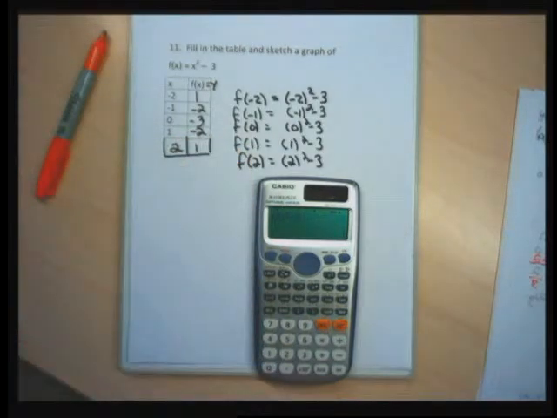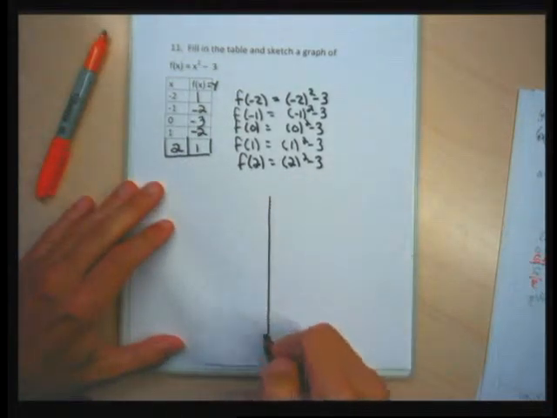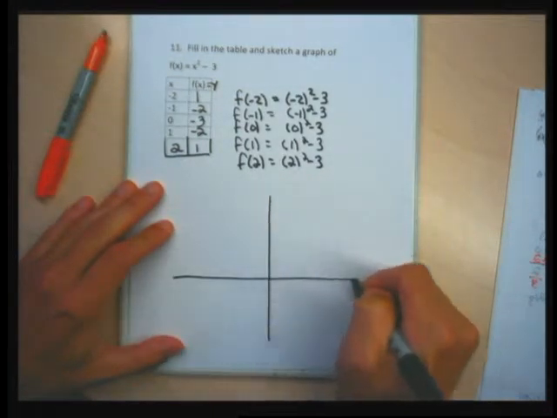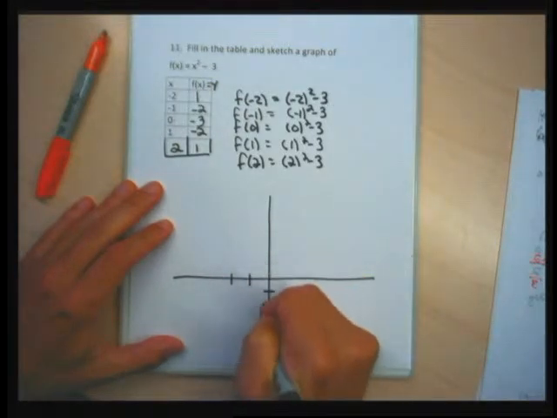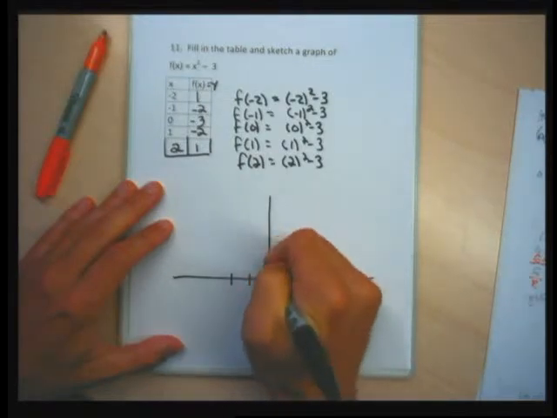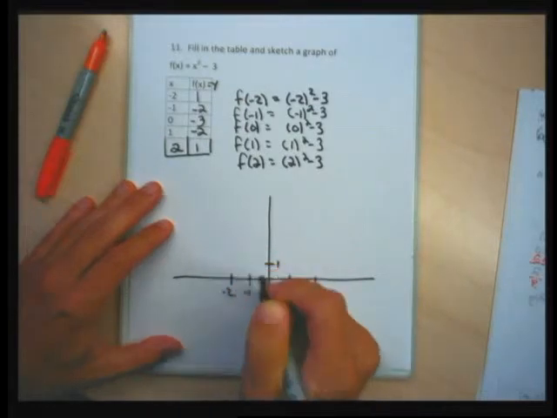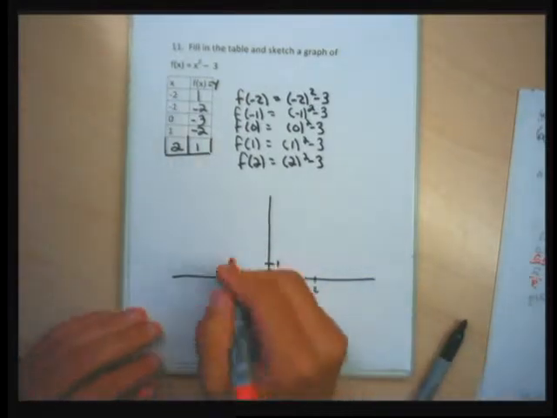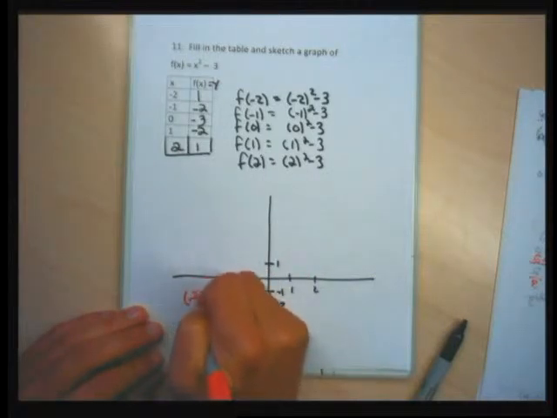Now I'm just going to plot those 5 points and connect them with whatever looks like they connect. They actually connect with something called a parabola. It's kind of the shape of a U. So I'm going to plot the points the best I can. First point I'll plot is the point negative 2, 1.